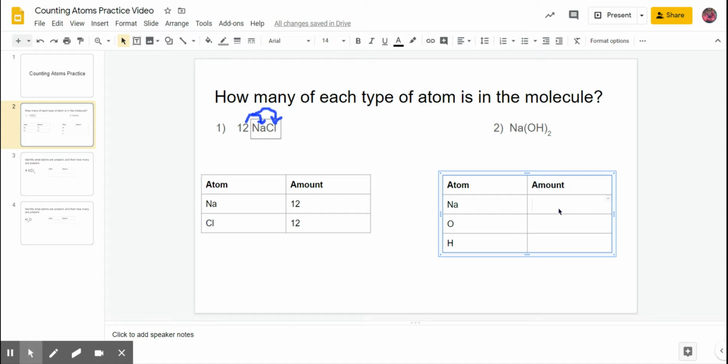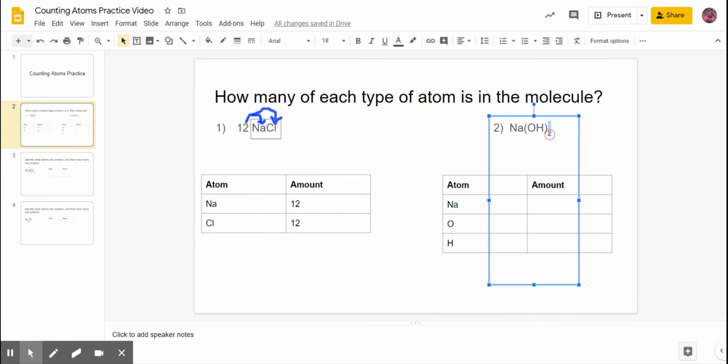I see a little bit more complicated of a molecule here. I've got parentheses and a subscript, but no coefficient. So I'm not going to worry about the box. I'm just going to look at it. I see I've got Na and then OH in parentheses with the 2. I know that this 2 is only going to apply to what's in the parentheses before it.